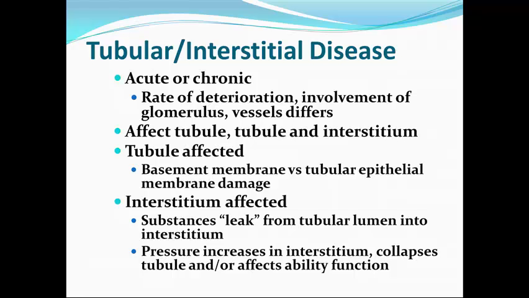When the epithelial membrane, the basement membrane of the tubule itself begins to break down, it's going to let more out into that interstitium. So what happens then is the pressure increases within that interstitium, and it actually collapses the tubule, or it's high enough to affect the ability of the tubules to continue to function.